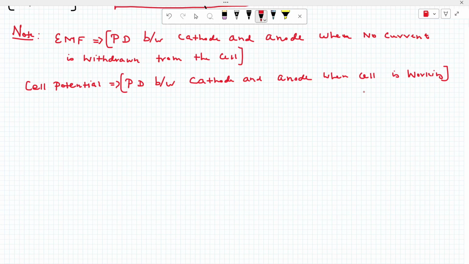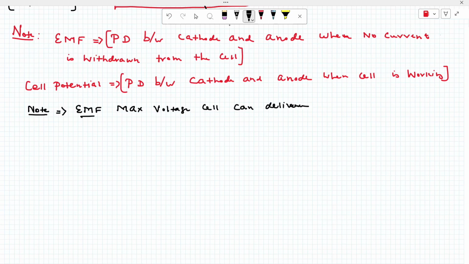Next important point, please note. The EMF is the maximum voltage a cell can deliver.